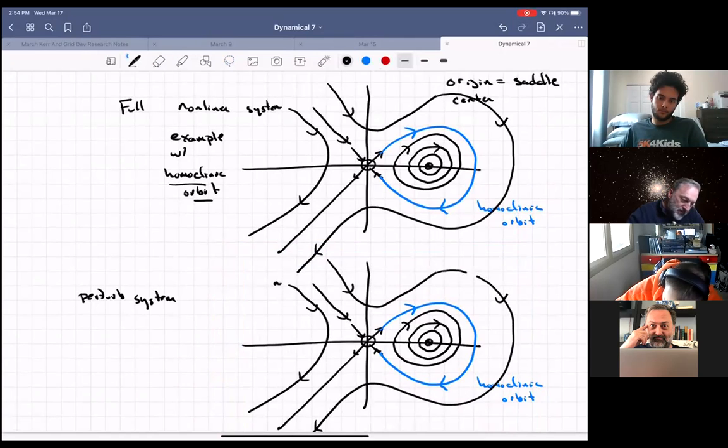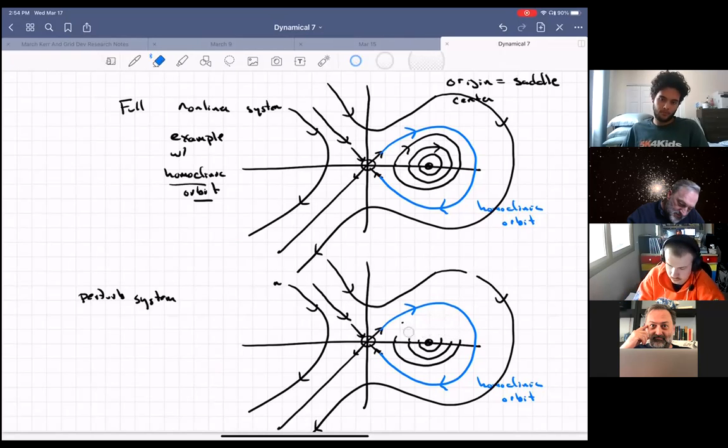So under the perturbation, what I can do is knock out these stable closed orbits in here.